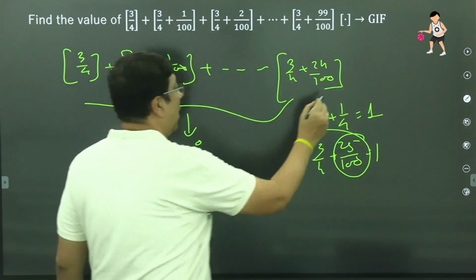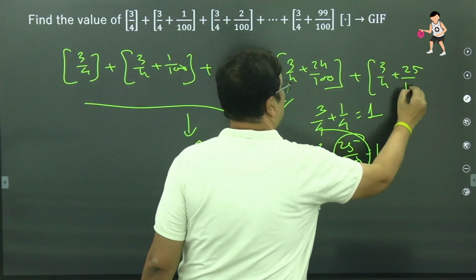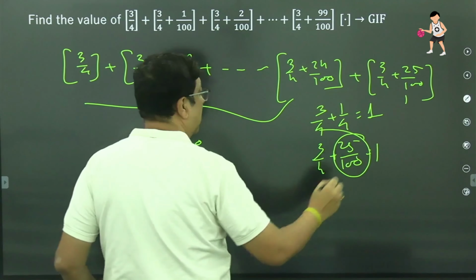And when we come to 3/4 plus 25/100, this is 1. So just a minute, everybody.